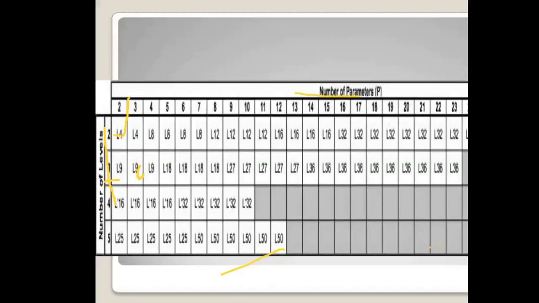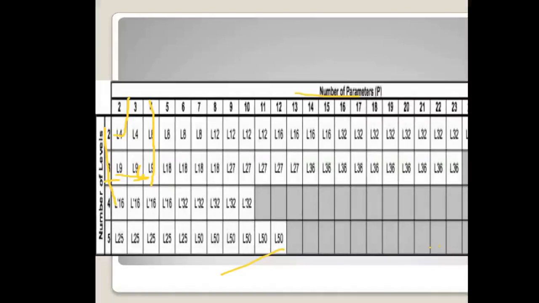So come to the horizontal side. Again 3 levels, this one, and 4 factors, this one. So 3 raised to 4, 3 into 3 into 3 into 3. You have to perform the 81 experiments now. But Taguchi has given me only L9. 9 means 9 experiments.